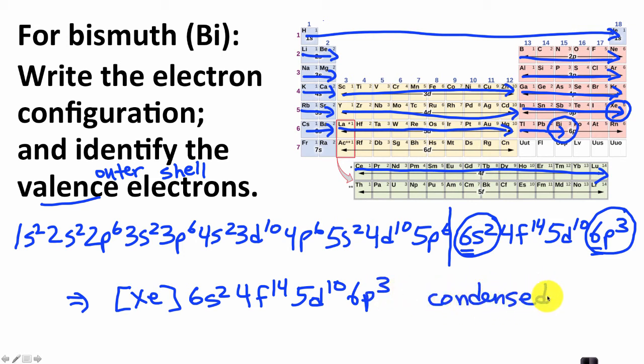And if you're explicitly asked to write out the complete electron configuration, you have to do this whole thing. If it either says condensed or just write the electron configuration, often the noble gas or condensed shortcut is fine.